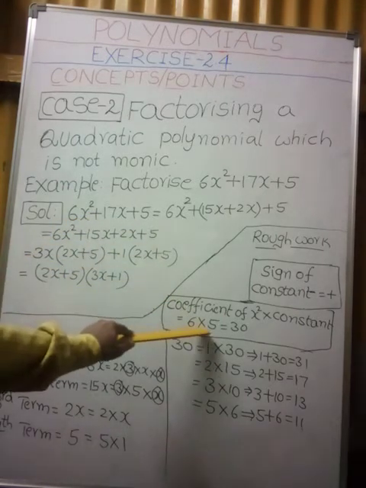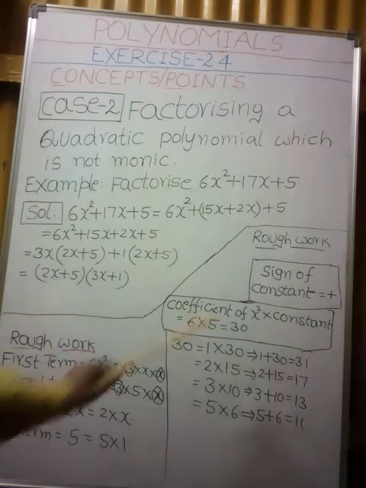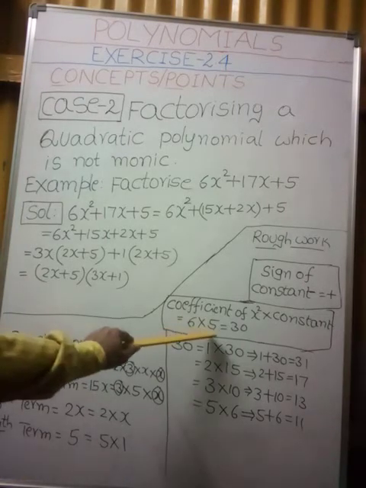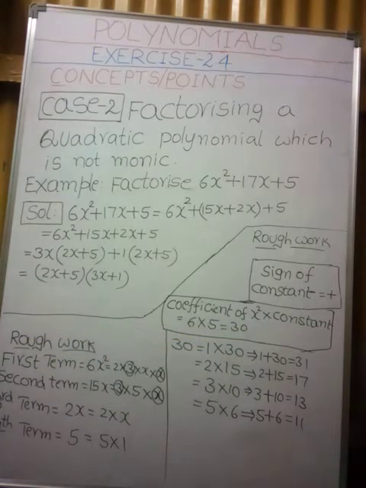So 6 into, what is the constant here? 5. Ignore the sign of the constant. Directly take 5. Even if there is a minus, don't take the minus here. Only 5. Understood this point, my dear children? Right. So 6 into 5, what do you get here? 30.